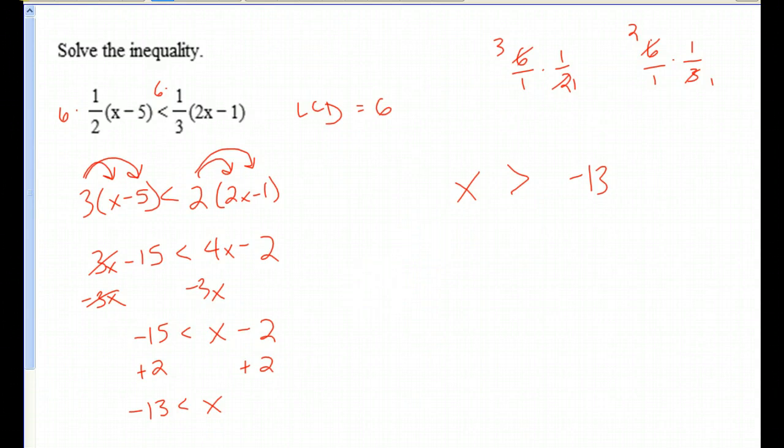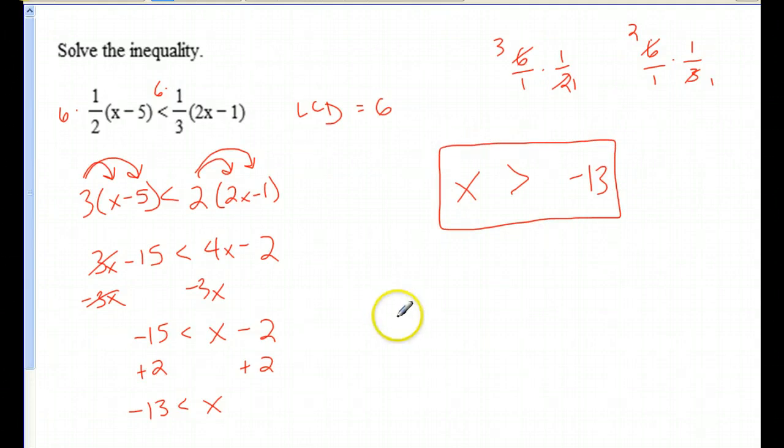So it got flipped around just so I could put the x on the left. Normally, because we read left to right, we put the variable on the left so we can read the order symbol as if we're reading left to right. X is greater than negative 13, instead of saying negative 13 is less than x. But they're both the same. If you put this in, it would be fine. But just know the standard notation is to put the variable on the left.